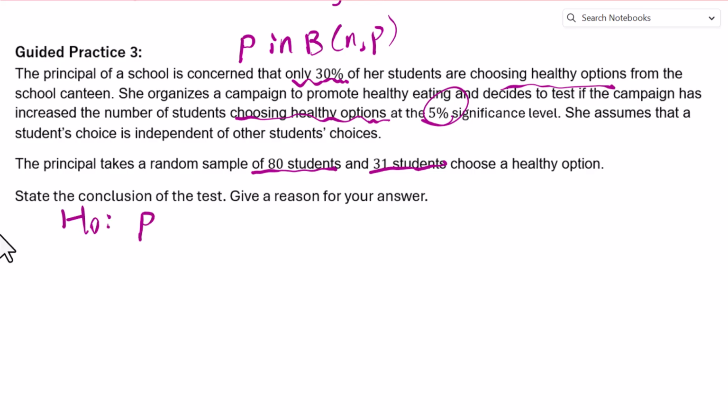H0: P equals 0.30. H1: P greater than 0.30, because we want to test if the campaign has increased the number of students choosing healthy options.